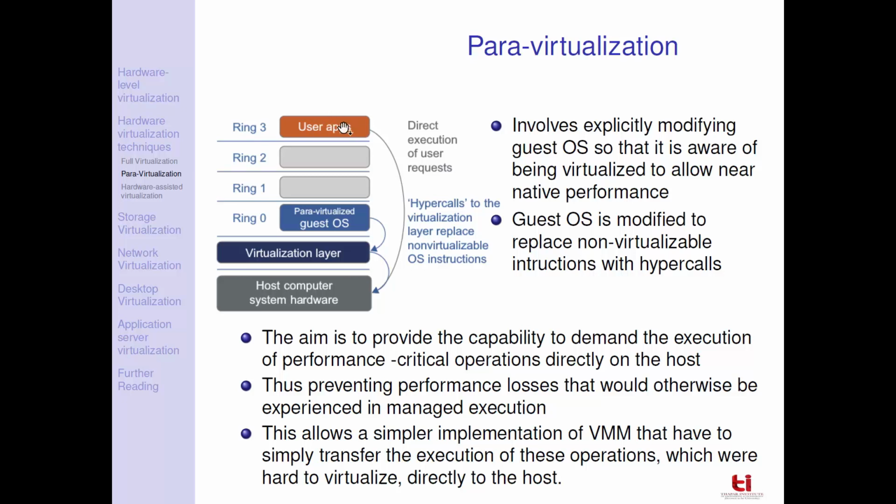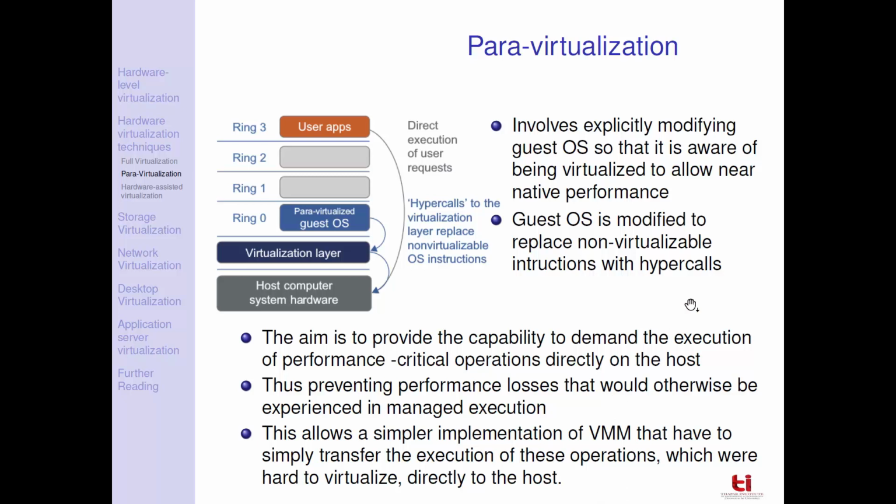All the non-privileged instructions will run in the user mode, and there is a direct execution of those user requests. Whereas for the privileged instructions, a hypercall to the virtualization layer replaces non-virtualizable OS instructions. So if there is a privileged instruction, it goes to the virtualization layer. This is called a hypercall, thus preventing performance loss that would otherwise be experienced in a managed execution.